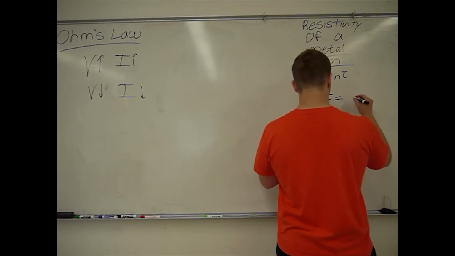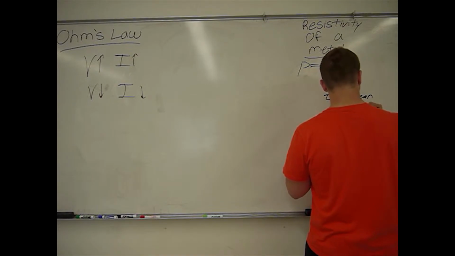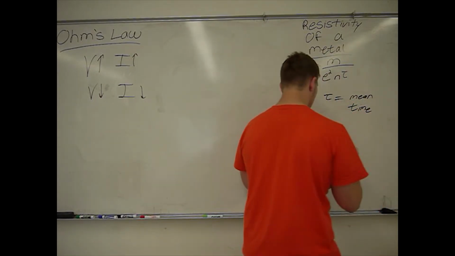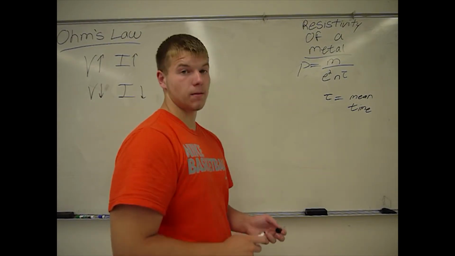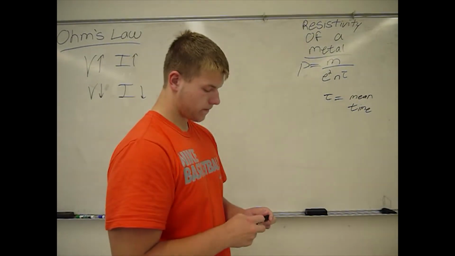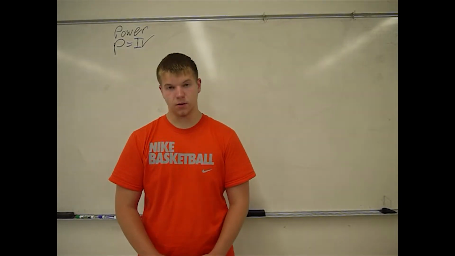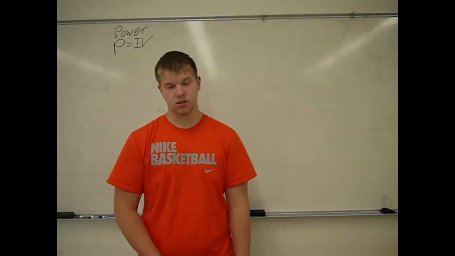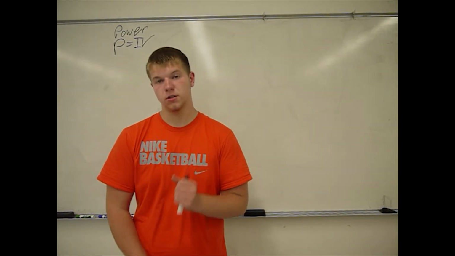Tau equals the mean time between the collisions of an electron with the atoms of the metal. Metals follow Ohm's law because tau is independent of E, which stands for the electric field, of any electric field applied to the particular metal.